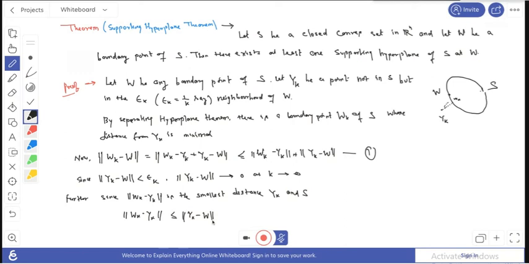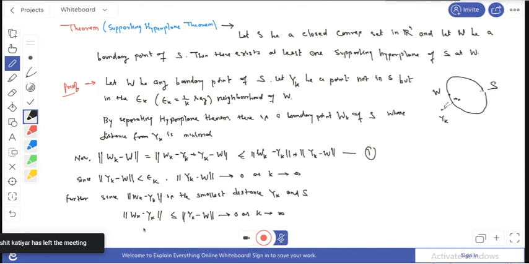And here you showed that the norm of yk minus w tends to zero as k tends to infinity, so this also tends to zero as k tends to infinity.